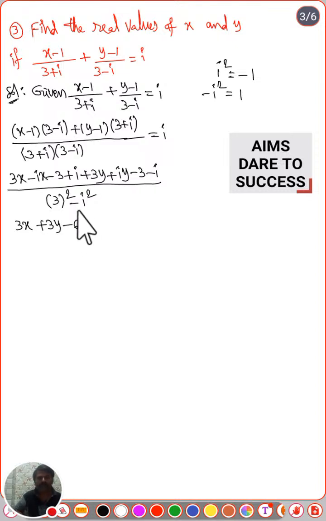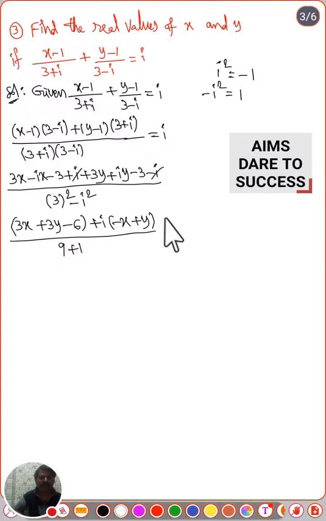This is the real part. Okay, plus i common, the remaining value is minus x plus y. Here plus i minus i cancel. Minus x plus y divided by 3 square is 9, minus i square is plus 1.